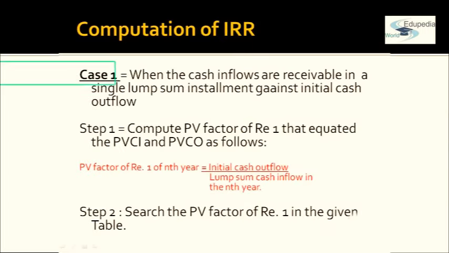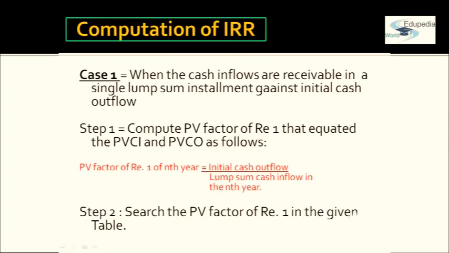So to compute IRR, cash inflows could be in one lump sum installment. If the cash inflows are receivable in one lump sum, IRR could be computed using the PV factor of ₹1. You will receive various tables in the examination, and the table which shows the PV factor shows the value of ₹1 at different discount rates, or you can say at the nth year.